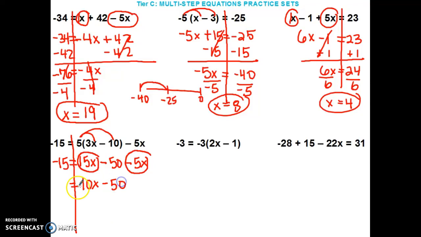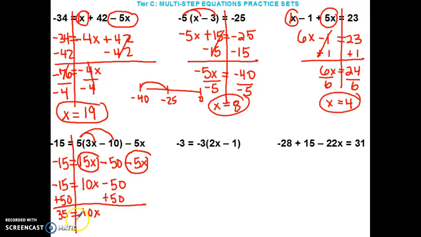minus 50. Now what are we going to do? Is equal to a negative 15. So instead of touch last, we're now going to add 50 to both sides. 10x is equal to, hold up, pen acting crazy. Negative 15 plus 50 gives me 35.